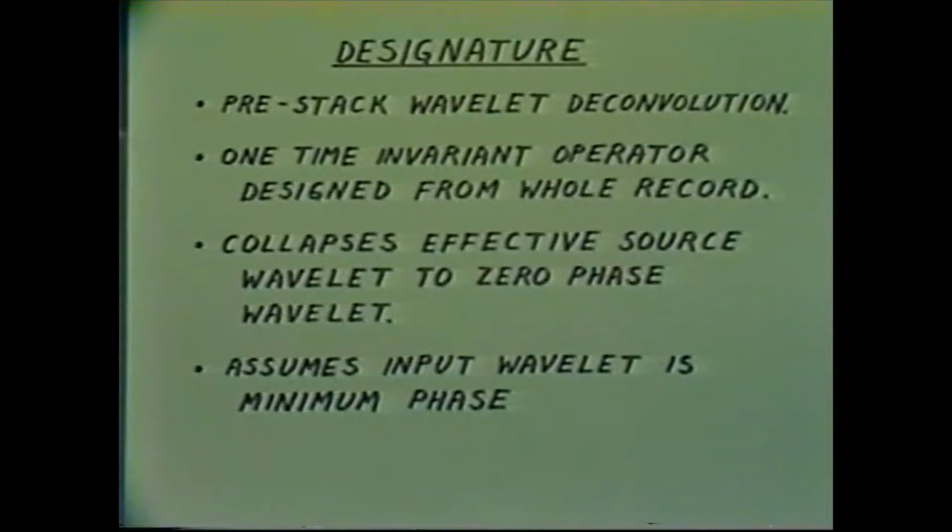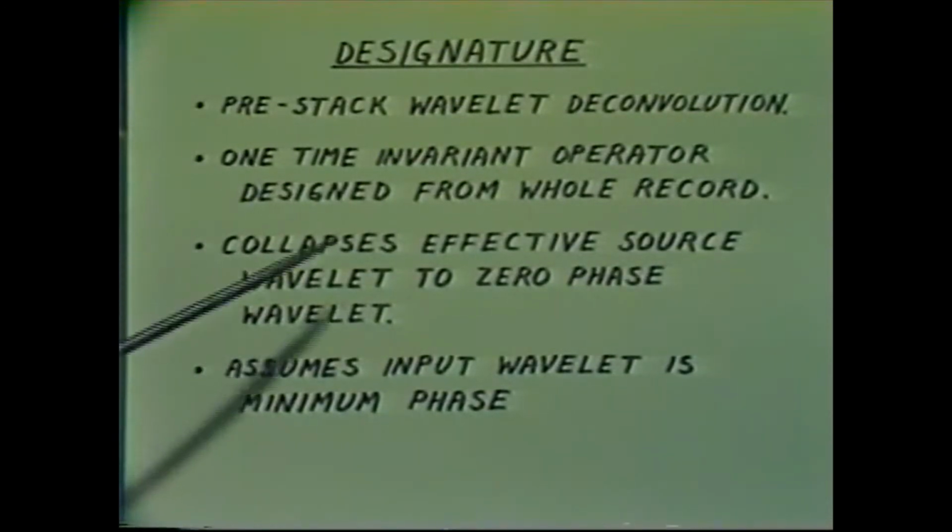It has 2 main differences to conventional spiking or predictive deconvolution. The first is that it is just one time-invariant operator which is designed from the whole record, as opposed to a trace-by-trace design in the case of conventional deconvolution. The second main difference is that it collapses the effective source wavelet, that is the reflection wavelet on the input record, to a zero-phase wavelet on the output record.